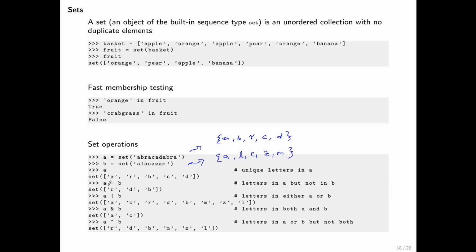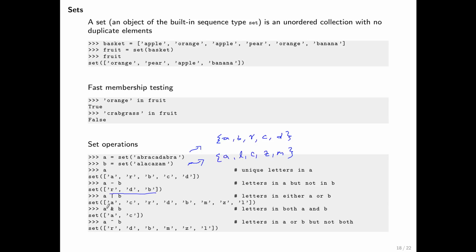So if you say A minus B, what we get is a new set whose elements are in A but not in B. So if you do A minus B for these two, we simply get the new set R, D, and B, because these are the elements that are here but they are not in here.